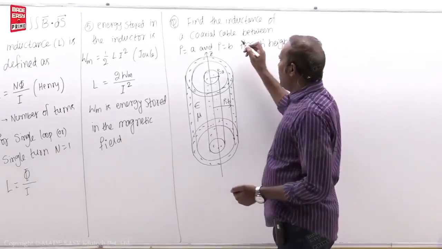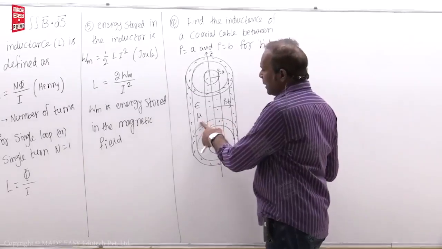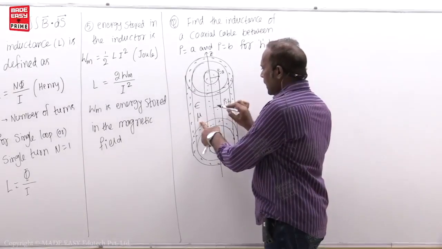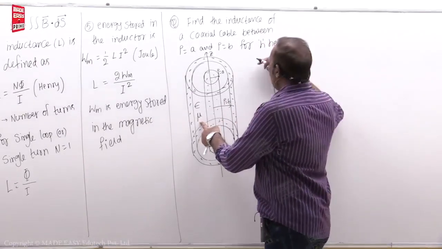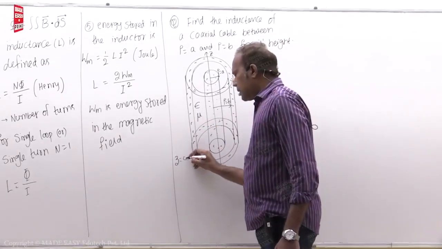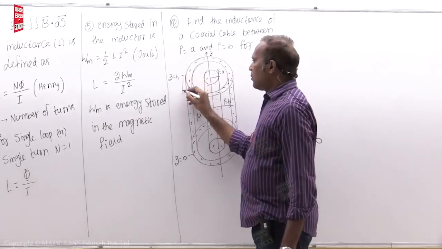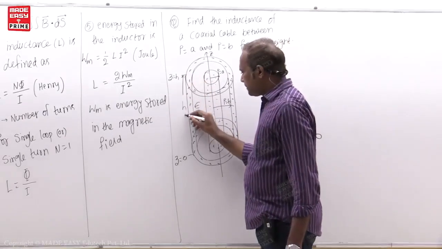Now, you have to find the inductance of the medium present between the inner and outer conductor for how much height? For h height. Let us take this as z is equal to 0, and automatically this becomes z is equal to h. Overall height is h actually.